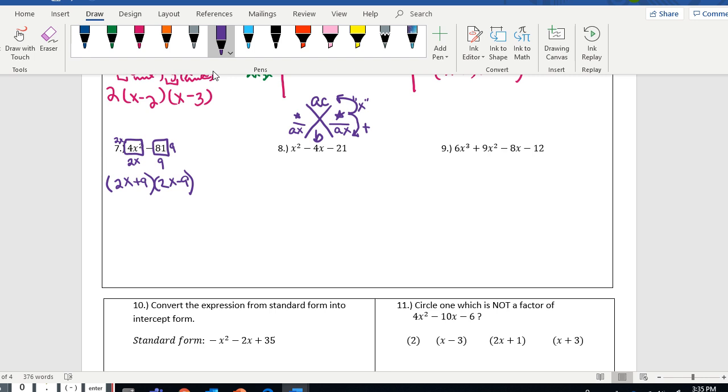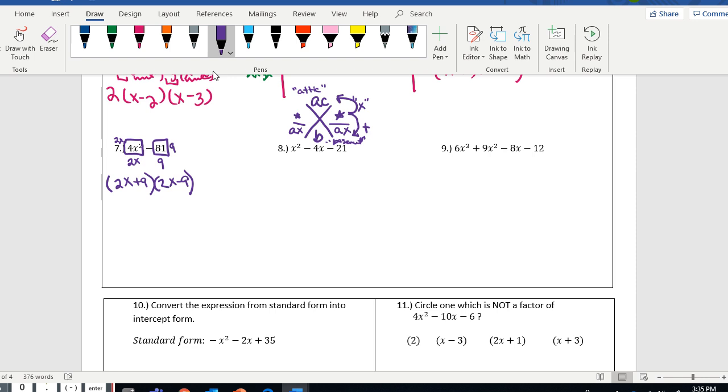And the way that I remember this is AC stands for attic, over basement, and it's easier to get to the basement than it is the attic in most of our houses. So that's where you add.